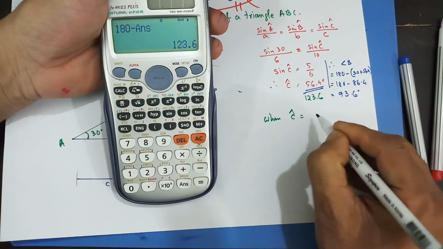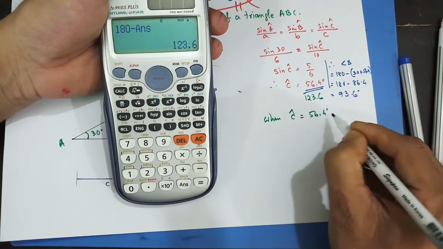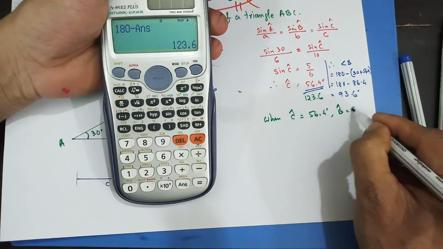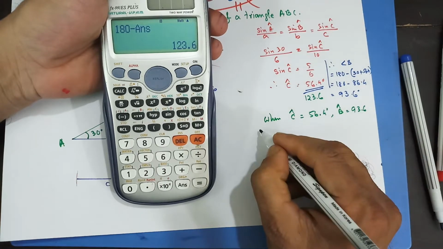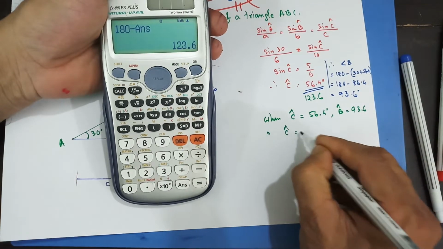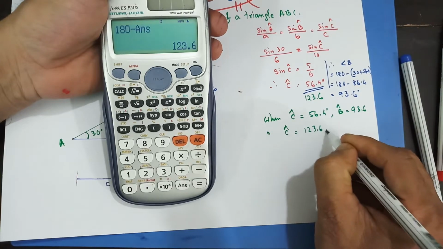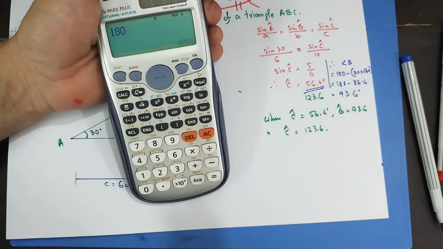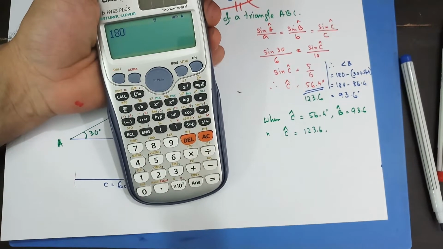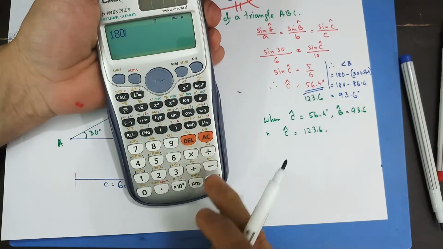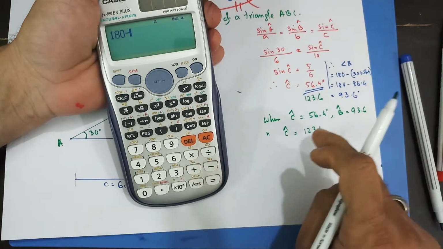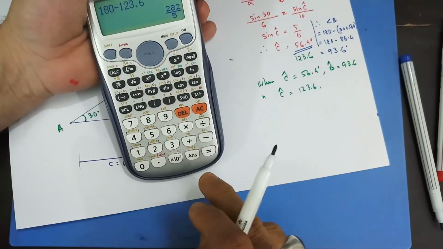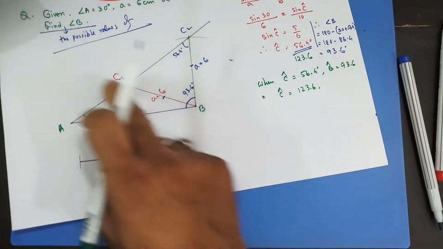So when angle C equals 56.4 degrees, angle B is going to be, I have already done that before, 93.6. But when angle C equals 123.6, then angle B is going to be 180 minus 123.6 minus 30 degrees.